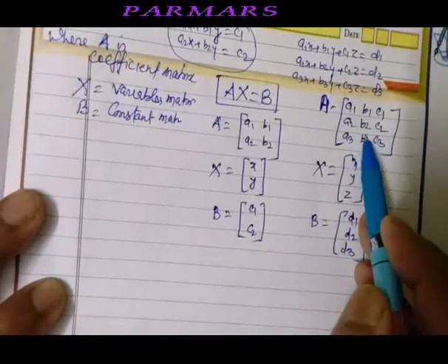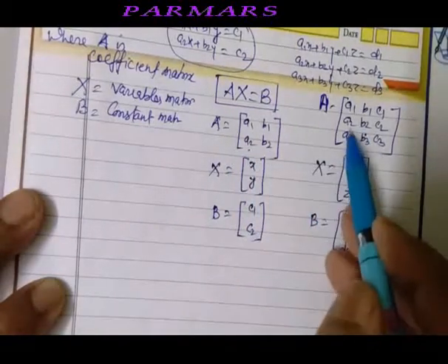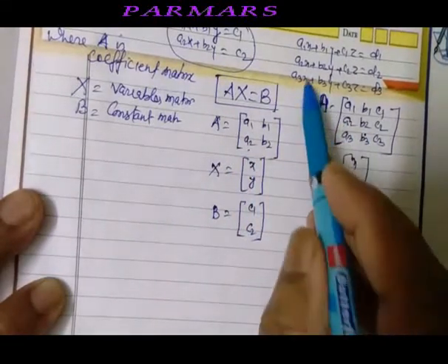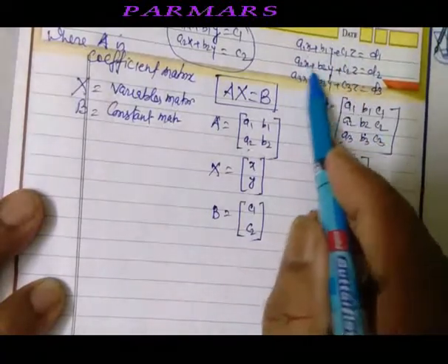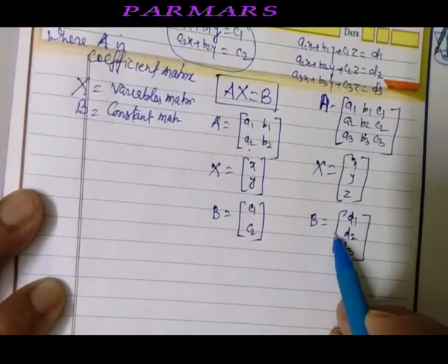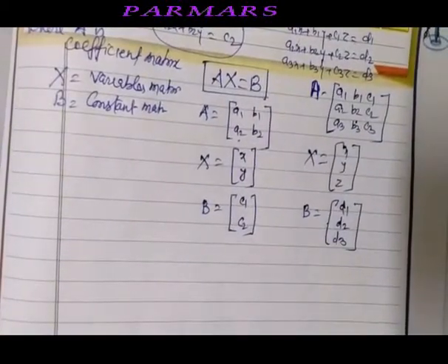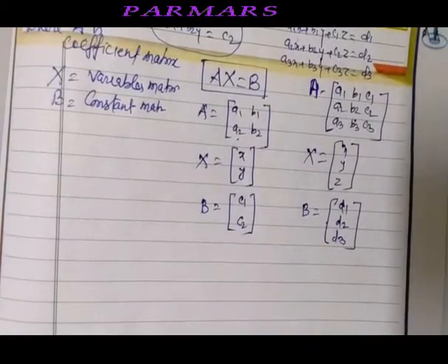This is of order 3, this is of order 2. If you multiply these two, you will get a column matrix containing the elements, this one is equal to this. Two matrices are equal when corresponding elements are equal, and they must be of the same order.